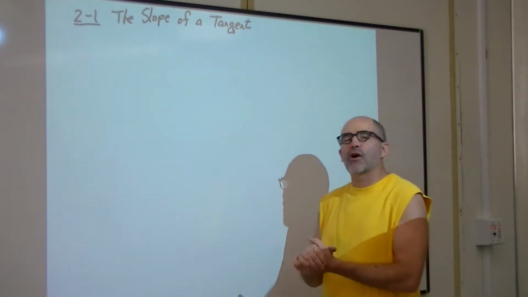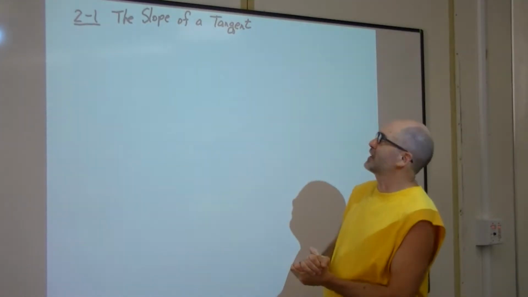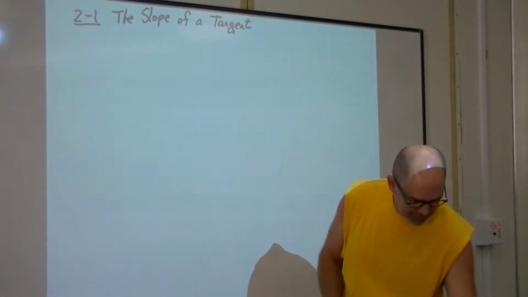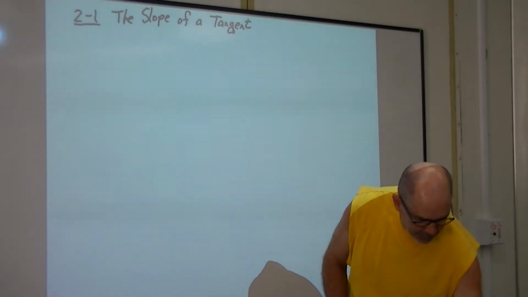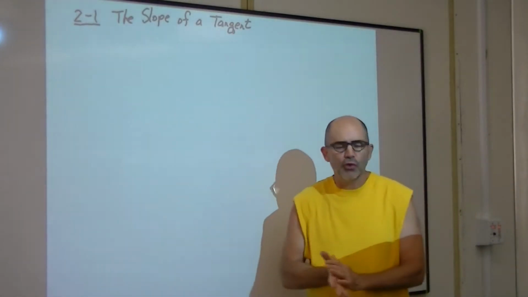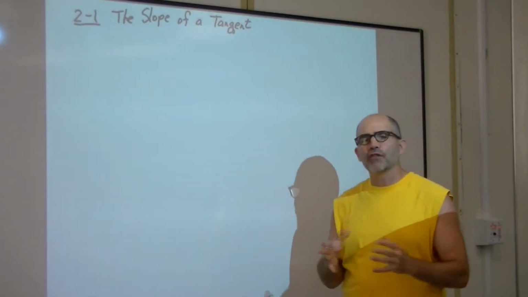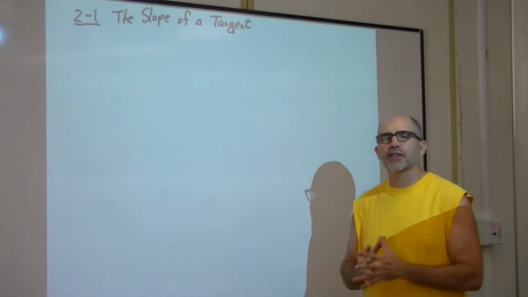We're about to embark on Chapter 2, Section 1, the slope of a tangent. Now, we're starting in Chapter 2 basically because Chapter 1 is a review of your math analysis, functions, that kind of thing.